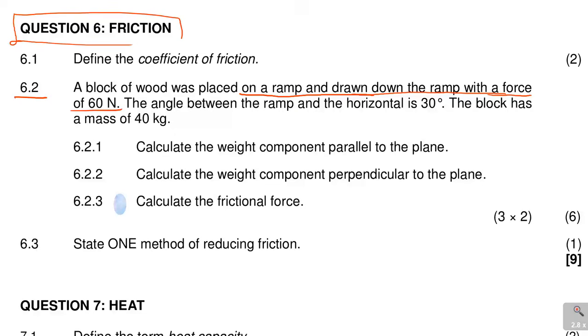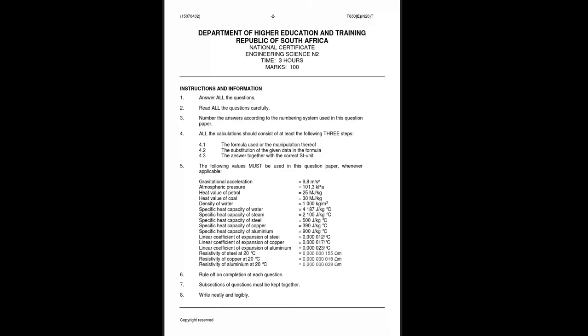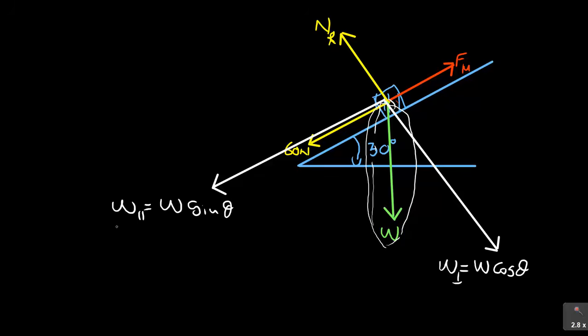So now that is what actually this question 6.2.1 is requesting. It says calculate the weight component parallel to the plane. You see, when they're saying parallel, we come here and we look at this part. That is what is parallel to the plane. So for 6.2.1, we're looking at weight parallel, which is simple: W sine theta, and we know what W is.